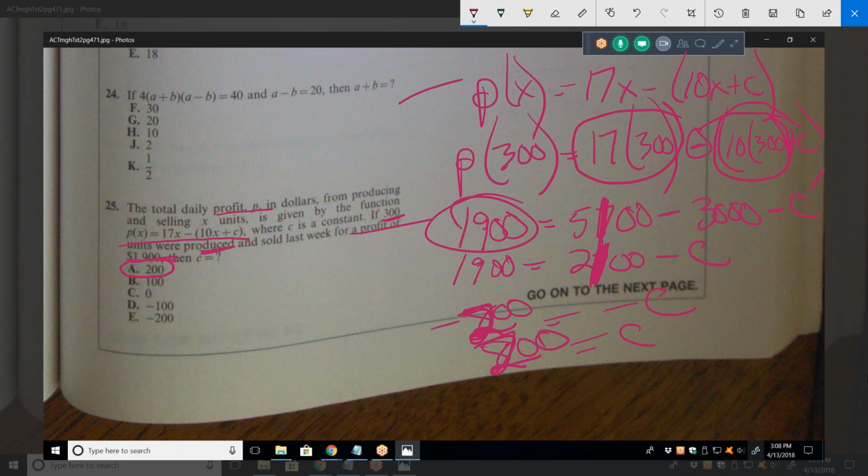Multiple choice was worthless to me, except for one thing. What did the multiple choice point out? It pointed out a mistake I'd made in my math. I came up with a C of 800 and there was no 800 on the list. So that tells me something. So the multiple choice was not worthless for me here. But in general, it was.